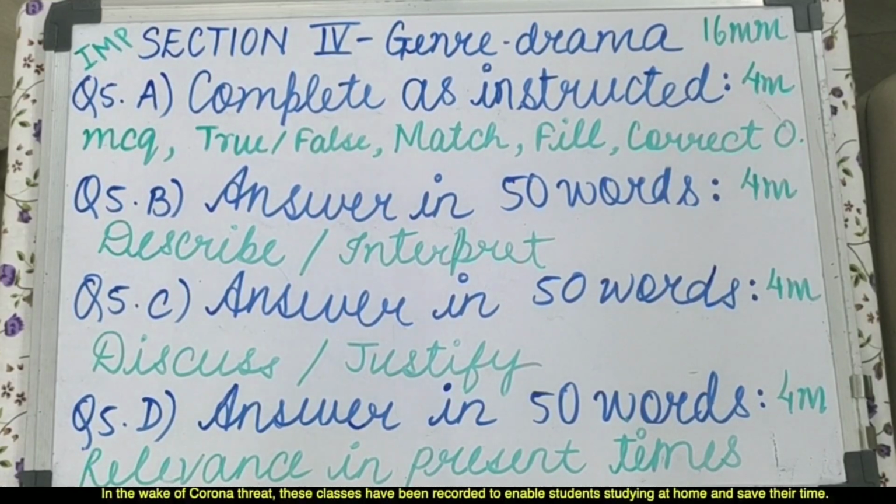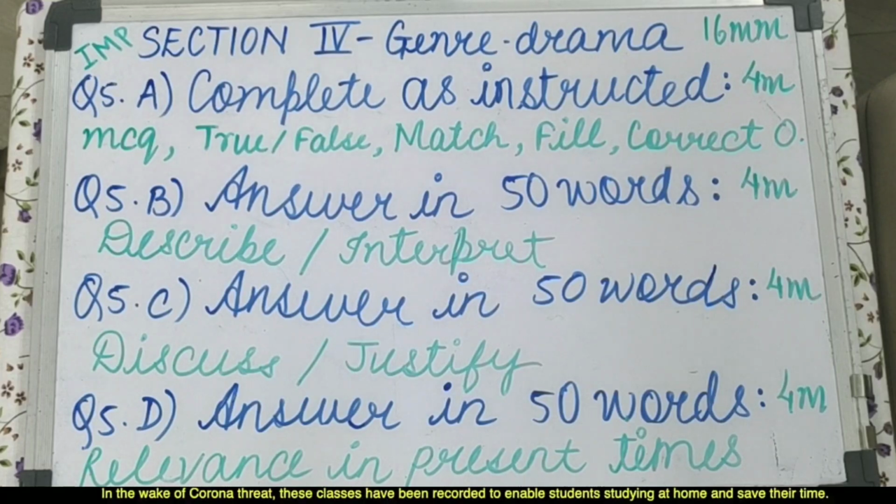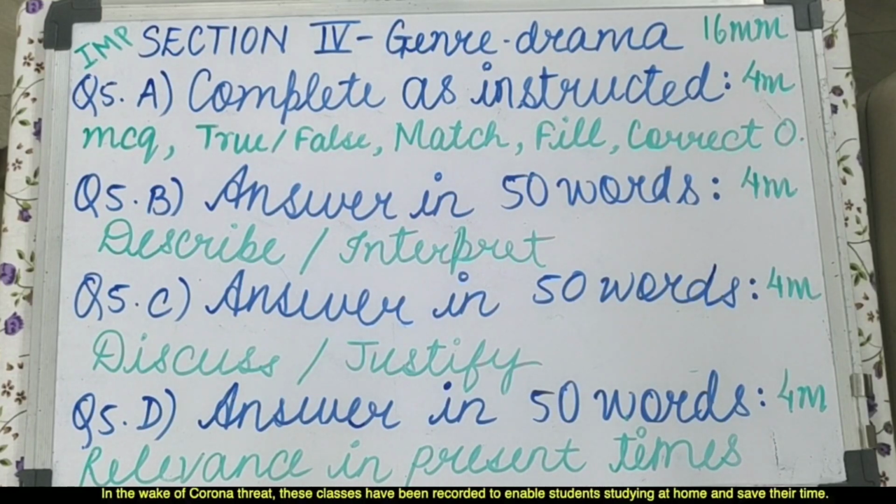So students, here we have completed section 1 prose, section 2 poetry and section 3 writing skills. Now we are moving on to the next section, which is the newly introduced literary genre, drama. This is also a very important aspect of this paper.